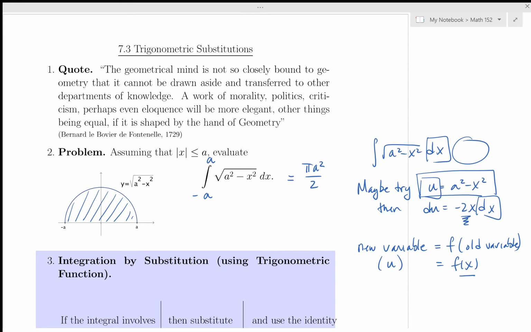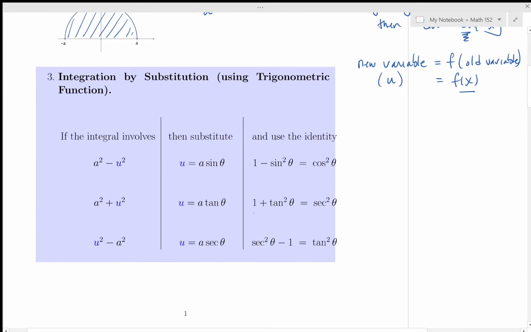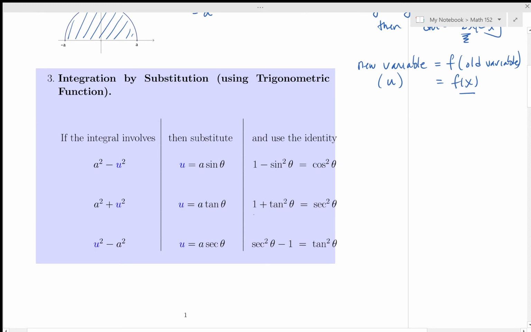Okay, so first of all, just before we go into an example which will serve to illuminate this idea, we are going to notice that if our integral has this type of structure, a squared minus u squared, where u is my old variable, then I'm going to substitute, and this is going to be my new variable.